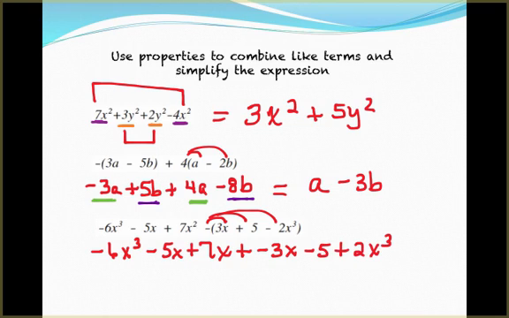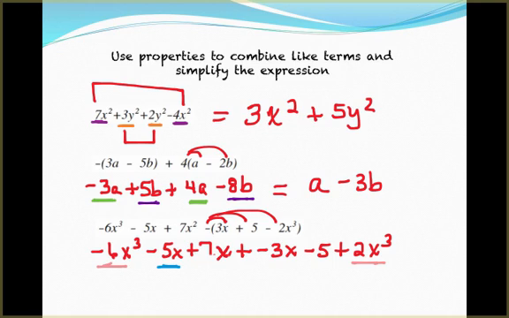So let's look for our like terms. So we have a 6x cubed, a 2x cubed, so there's a like term of x cubes. We have a negative 5x, a positive, that's not a like term, I've messed up there. That actually should have been an x squared, so let's fix that.